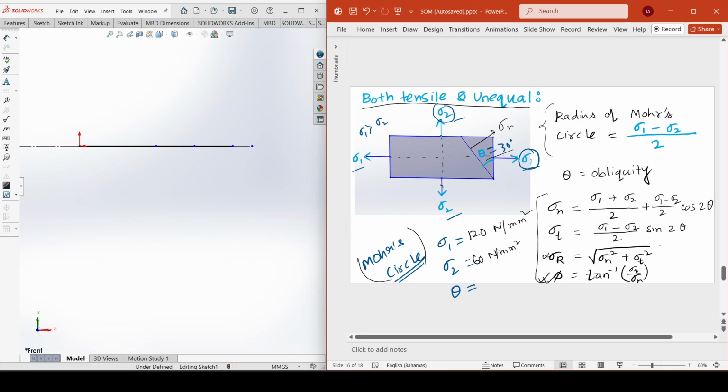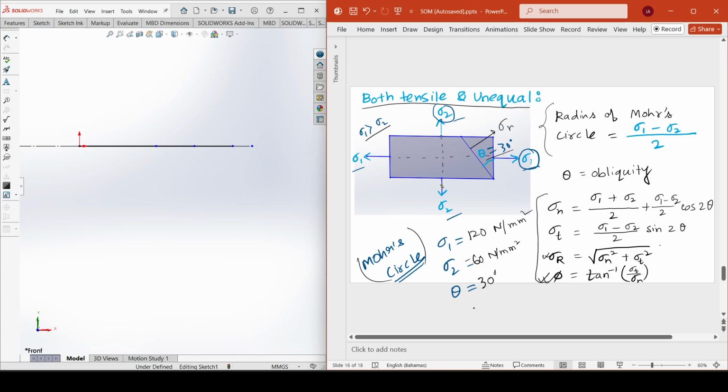What do I mean by this? Suppose sigma 2 is less than sigma 1. In this case, the axis of sigma 2 is the minor stress axis, while the axis of sigma 1 is the major stress axis. This angle is given with the minor stress axis. This is your 30-degree angle, which is given in the exam, suppose.